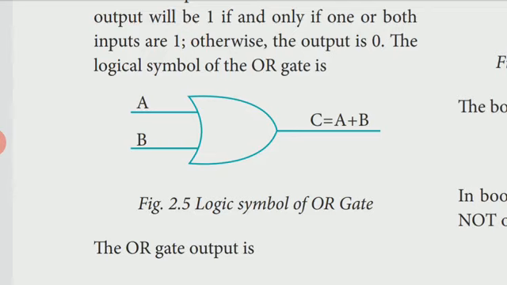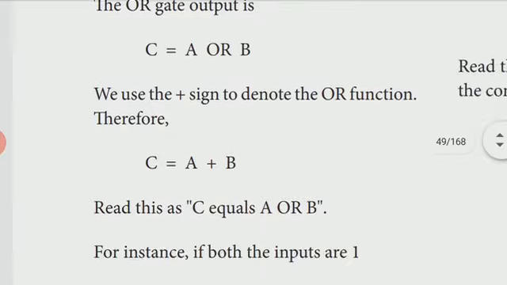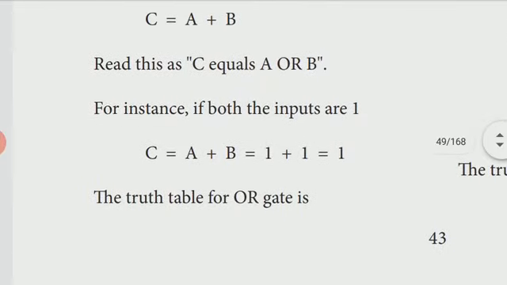C equal to A plus B, and the output you write as C equal to A or B. So, the plus sign denotes the OR operator. See, here they implemented the values: C equal to A plus B. A value is 1, B value is 1, then you will get the answer as 1.